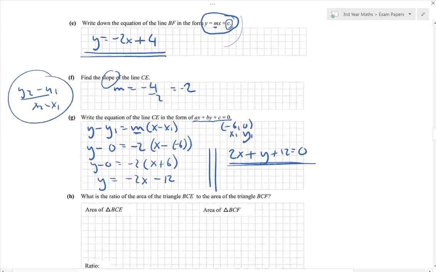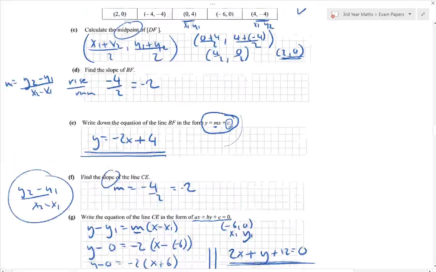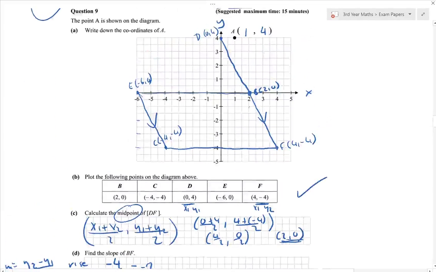The next thing then is, what is the ratio of the area of triangle BCE to the area of the triangle BCF? BCE is this triangle and BCF is this triangle. So we want to find the ratio of their areas.